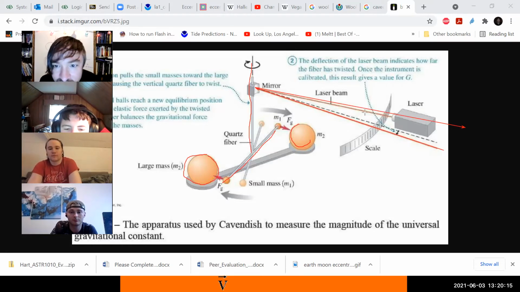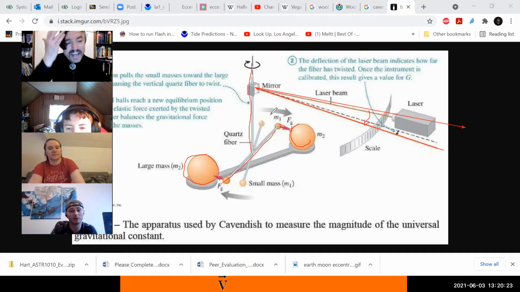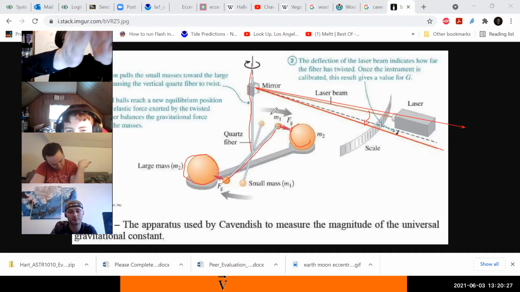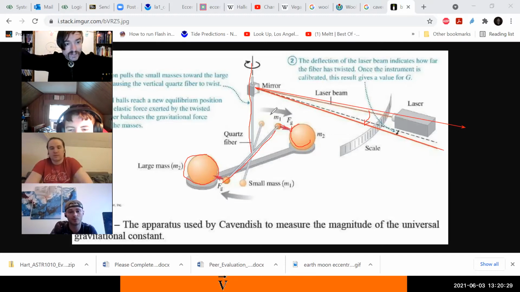And using basic geometry, you then measure this angle, and the small angle formula lets you calculate the force. Freaking genius, right? So even though the deflection was so microscopic, he could use the fact that two beams will diverge over time to turn it into a geometry problem.